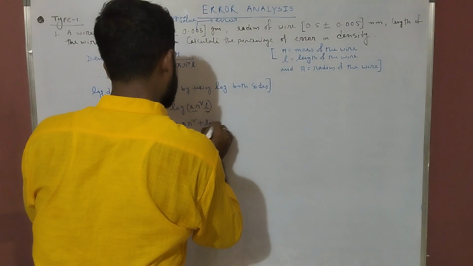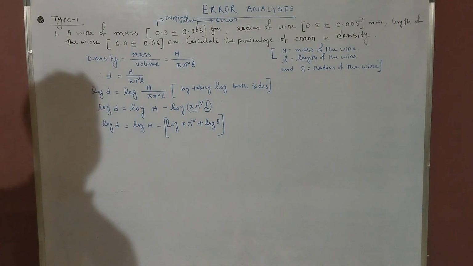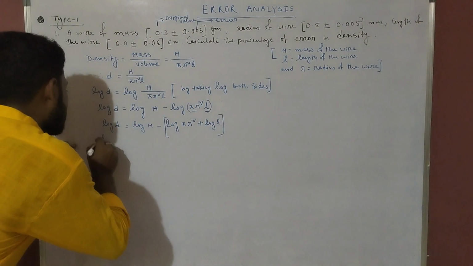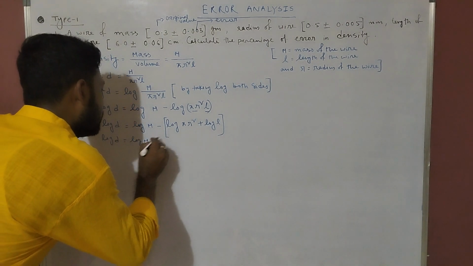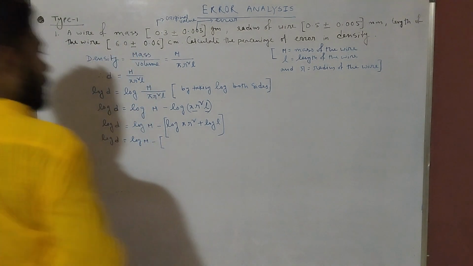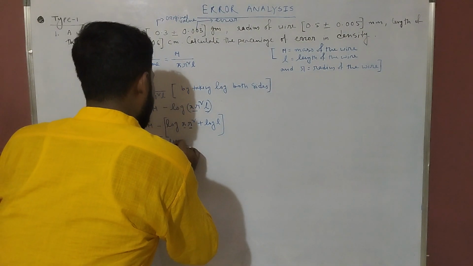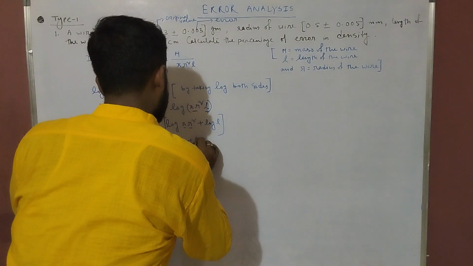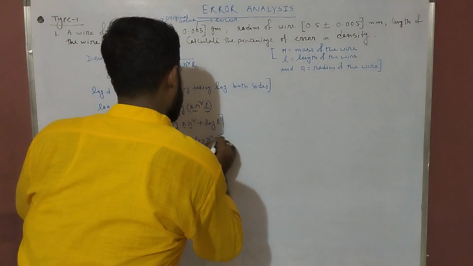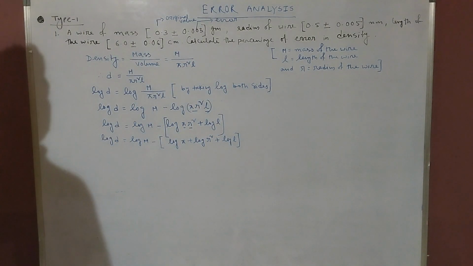Log ab means log a plus log b. So log d is equal to log m minus, this is a, this is b, so I can write log a plus log b plus log l. Understood?